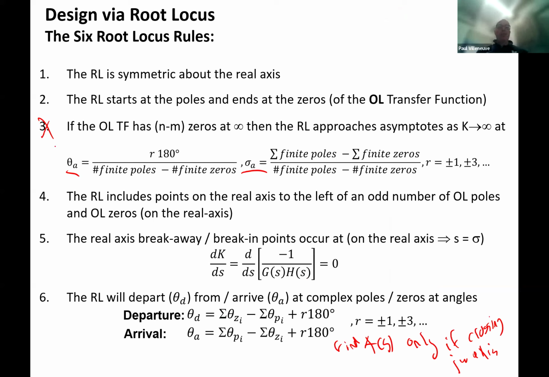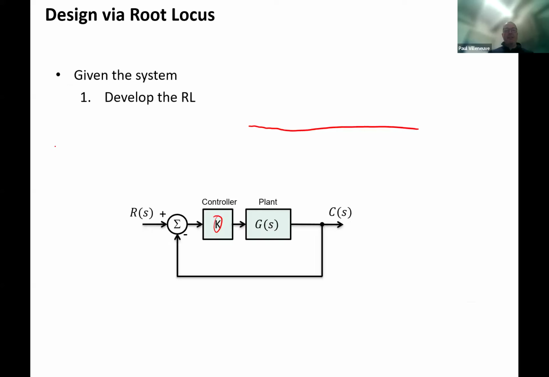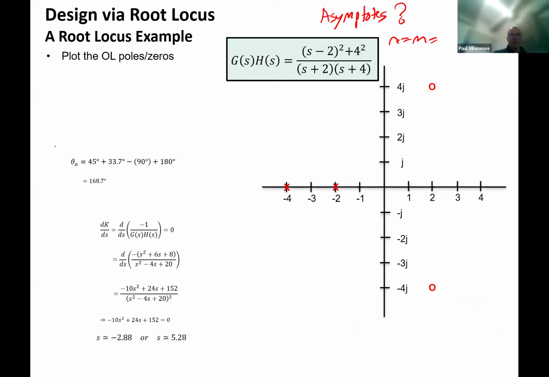All right, so now we're going to go ahead and use number 4 and number 2 at the same time. Start at a pole, end at a zero, which is our second rule. And also where it lives on the real axis is to the left of an odd pole or zero.